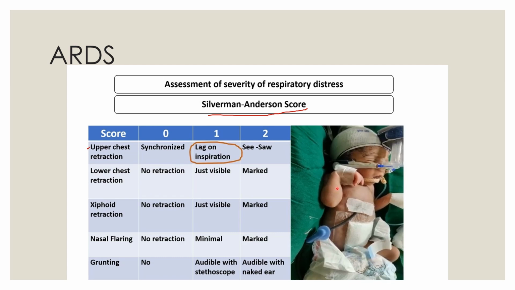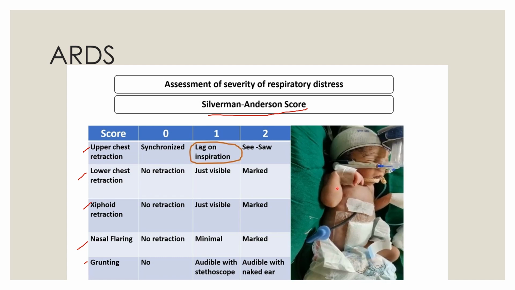In that, you are looking at the upper chest retraction, lower chest retraction, xiphoid retraction, nasal flaring, and grunting. Okay. So, if there is upper chest retraction, which is called the lag on inspiration, okay, or in severe cases, it is like a seesaw appearance. So, if there is lag on inspiration, it's 1 point. If it is seesaw, it is 2 points.